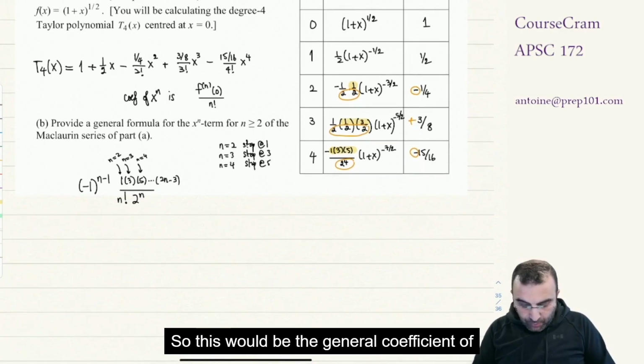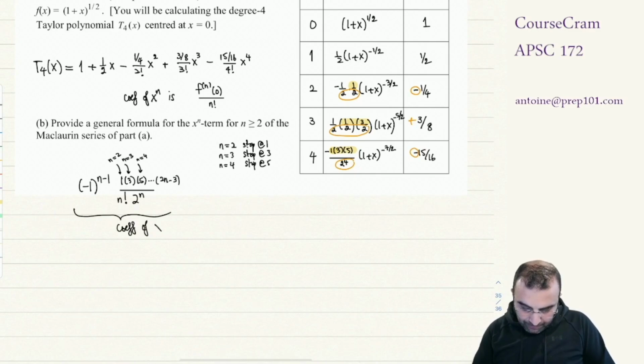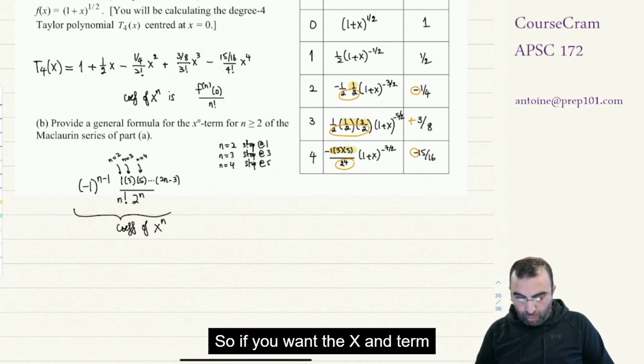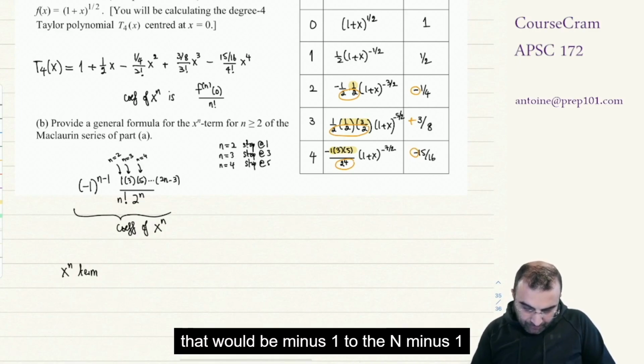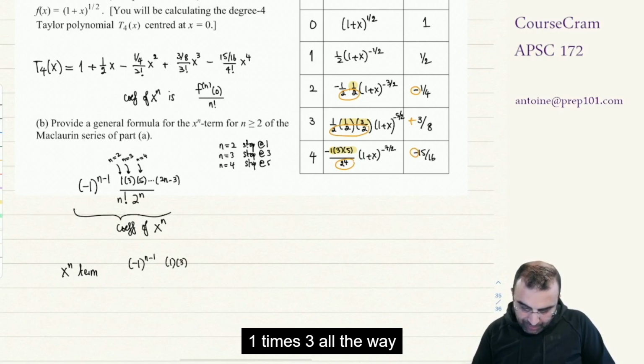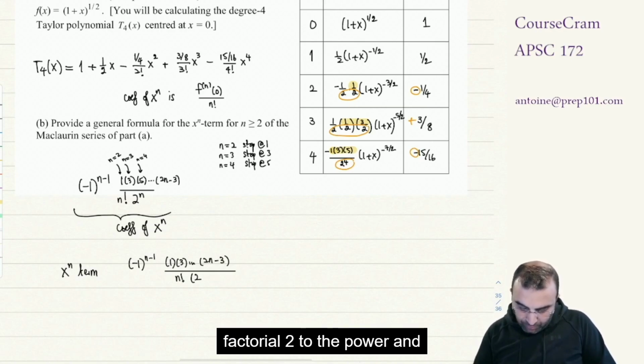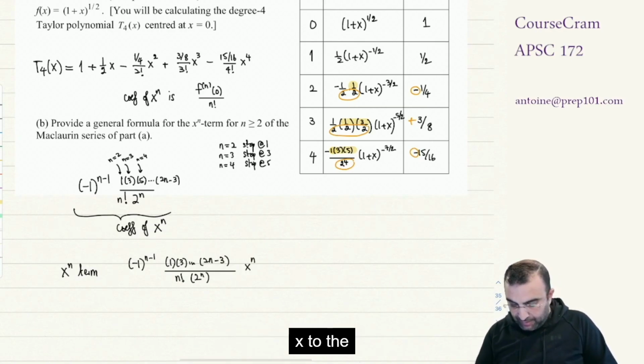So this would be the general coefficient of x to the power n. If you want the x^n term, that would be (-1)^(n-1) times 1 times 3 all the way till 2n minus 3, over n factorial times 2 to the power n, times x to the n.